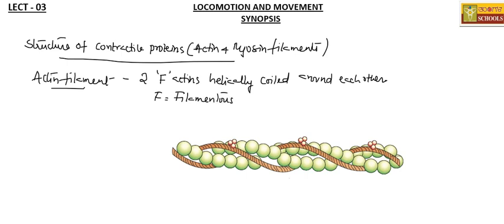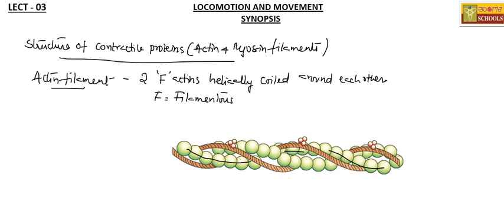So two F actins helically coiled here, and each F actin, as I said, this whole is an F actin. Here I am not talking about the brown thread-like structure, but the green one that you see, attached one to one, and they are seen helically coiled. So here there are two such filamentous actins that are coiled around each other.